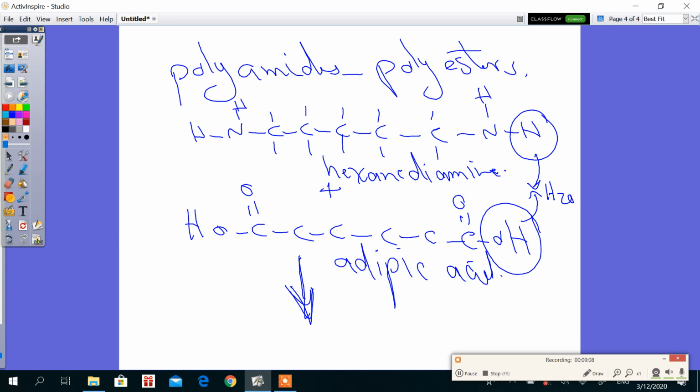So my product will be, in the next slide, N, H, C double bond O. I have here 1, 2, 3, 4 carbons, and C double bond O, OH is the rest of the acid. And sorry, here it is just a single bond.